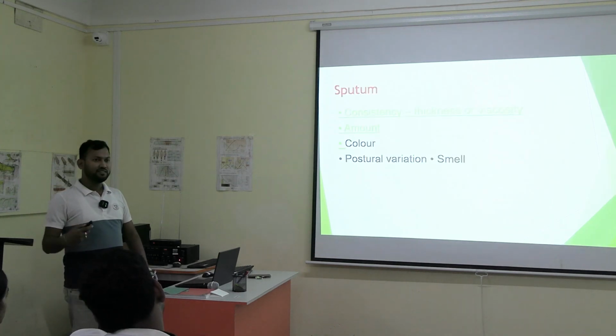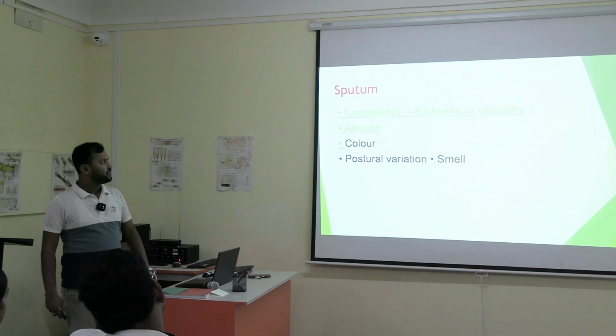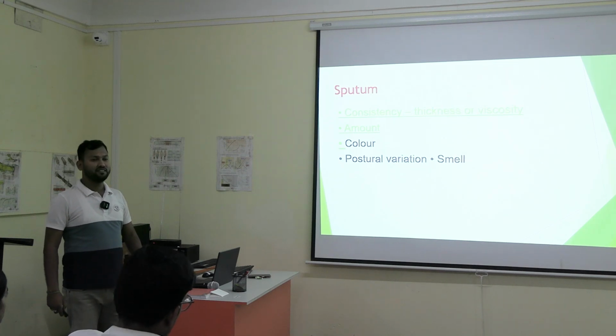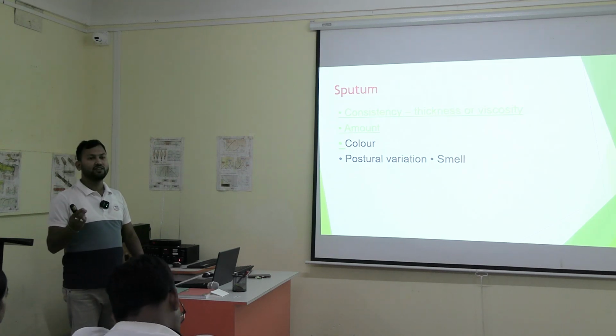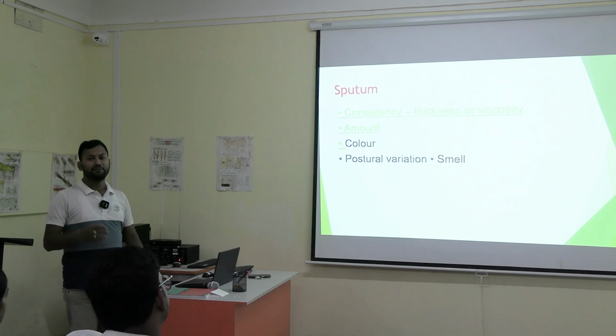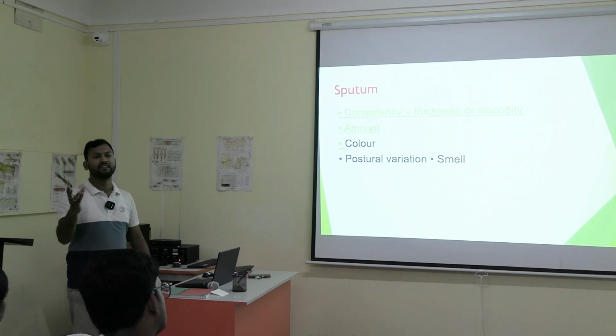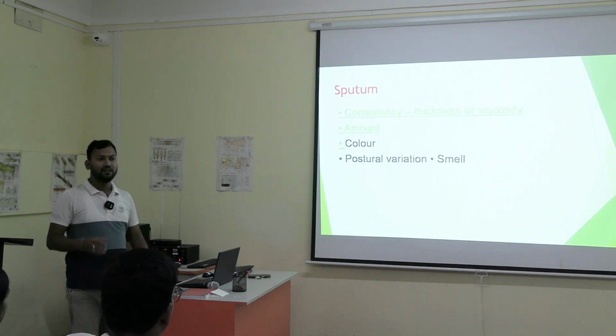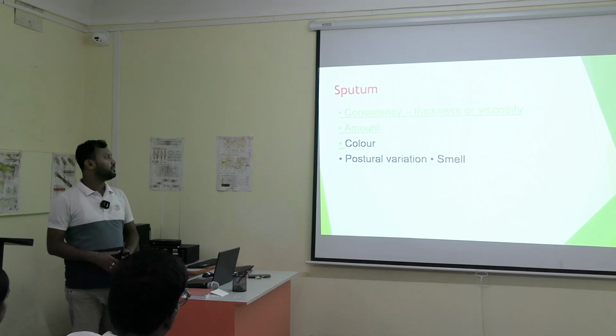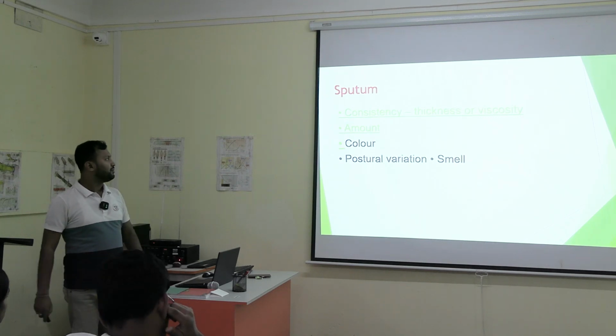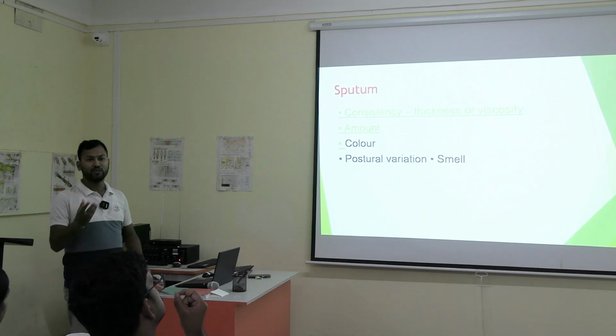Then we will see about the sputum. Sputum, we will see the consistency, whether it is thick or viscous. Sometimes you yourself may find that the cough you are coughing out is very thin, like water only, or sometimes it may be very thick. So we have to see the thickness of the sputum. Then the amount of the sputum, how much sputum we are producing.